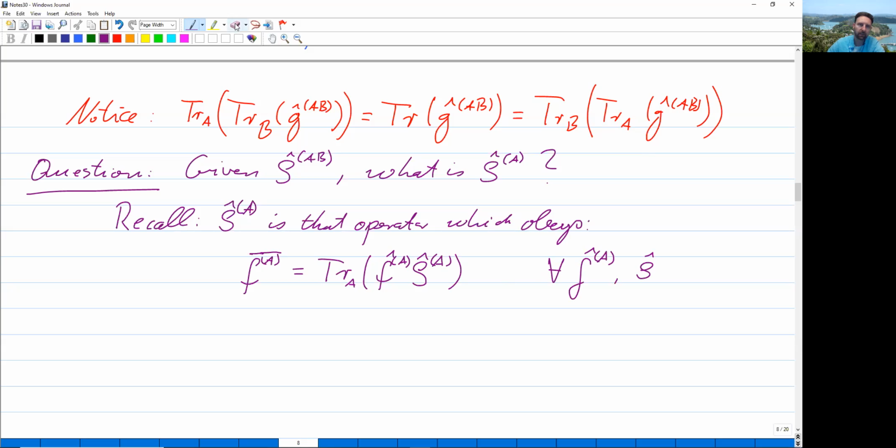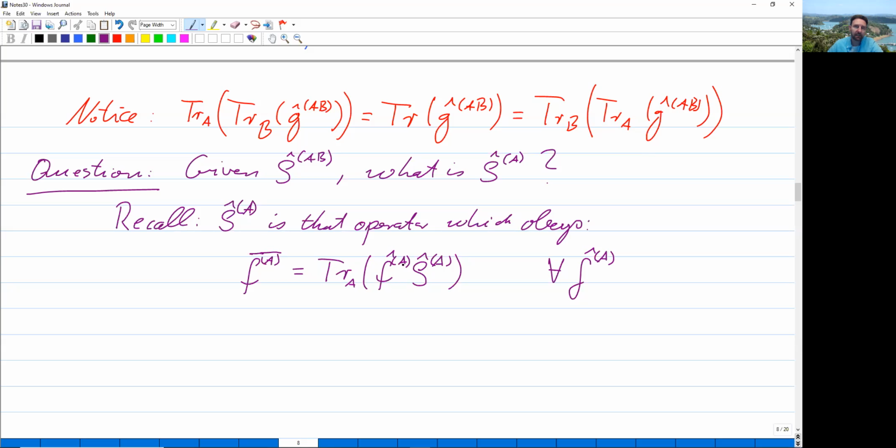But okay, that's what we wanted to say. So the rho hat A is that operator for which this equation is true for all observables. We know that from earlier in the course, right? That this is how you calculate the predictions for an observable. Namely, you'd calculate the trace of the observable times the density matrix. All right.